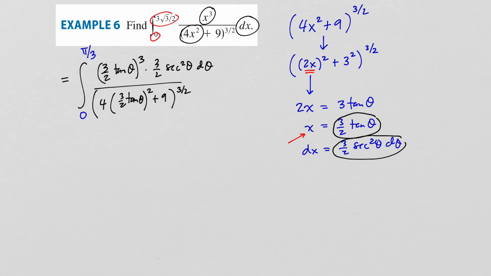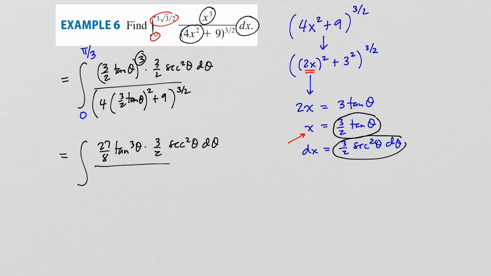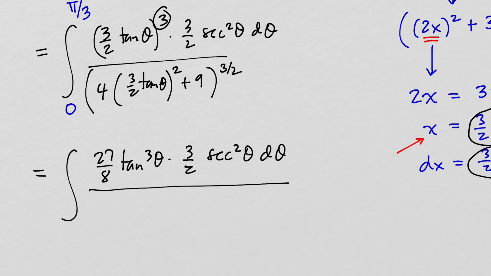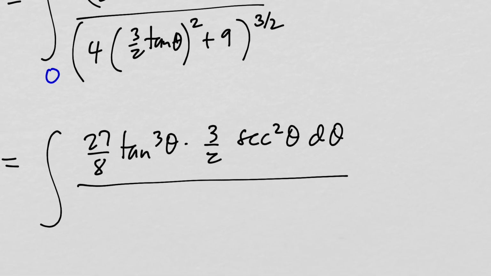Now let's go ahead and work on the integral here. We've got a lot of simplifying to do. When you cube this, you're going to get 27 over 8 tangent cubed of theta times 3/2 secant squared of theta d theta, all divided by, now on the bottom here, got to be careful.